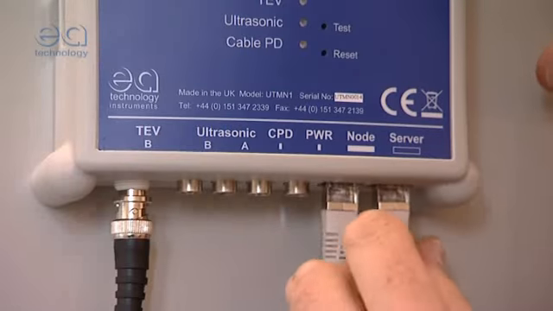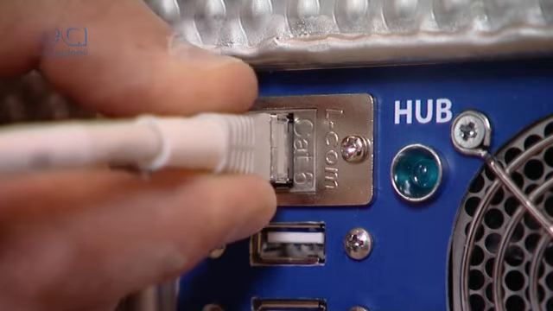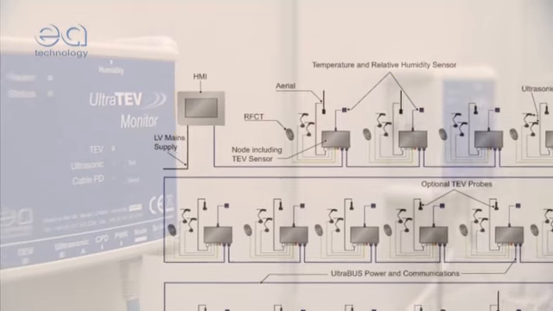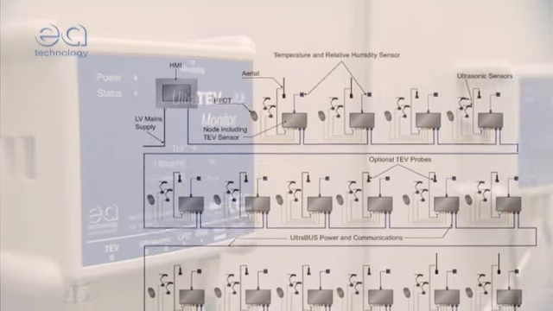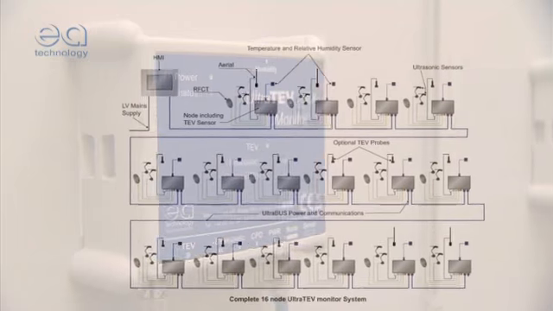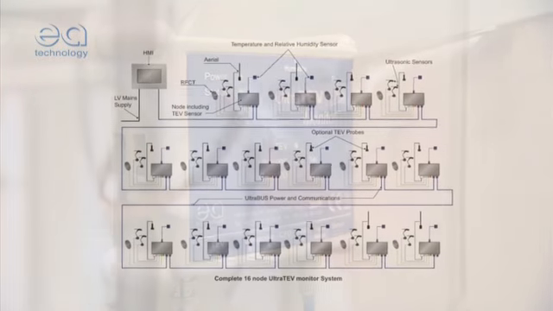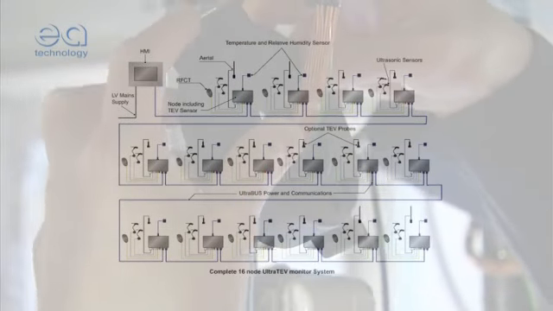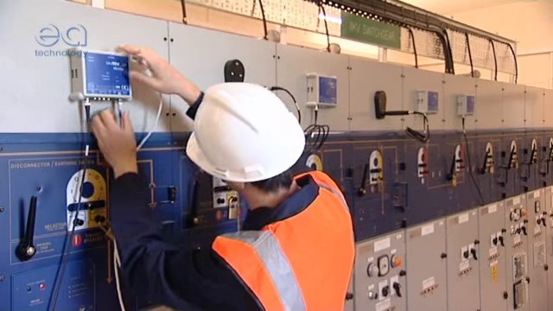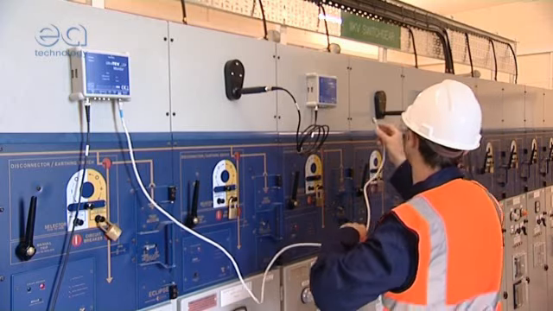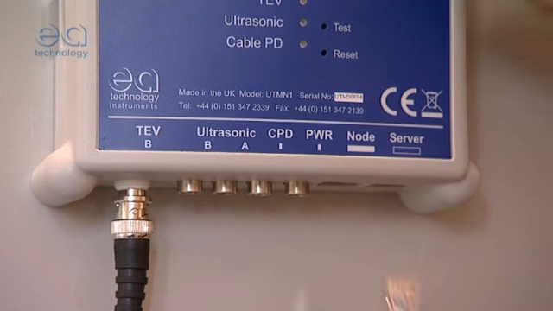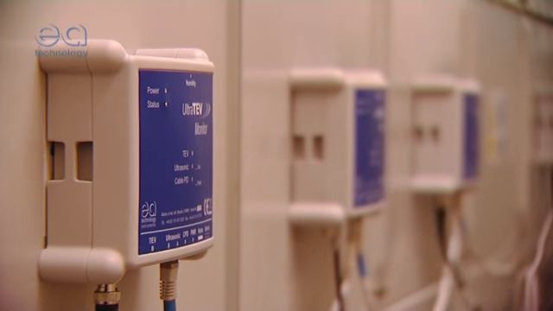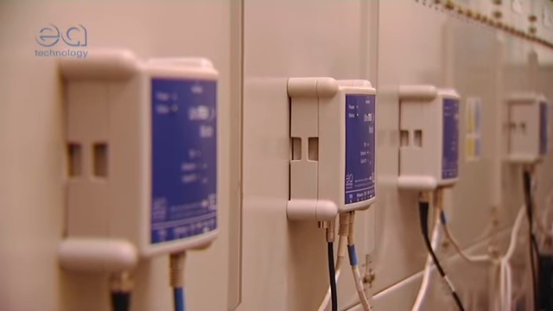The UltraTEV Monitor comprises a web-enabled hub that supports a network of up to 250 measuring points simultaneously, all with precedence between them, so it's perfect for monitoring all types of substation assets, large or small, including cables. Installation and configuration are both very simple, because it uses EA Technology's new Ultrabus networking solution, which carries both data and power over a single cable.